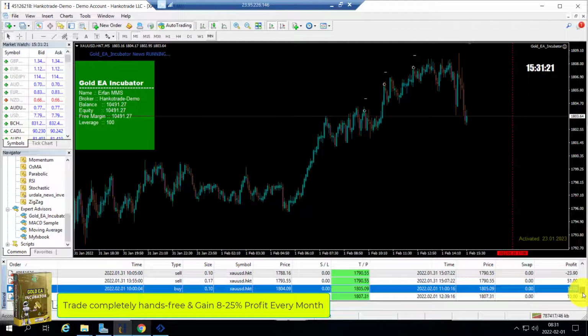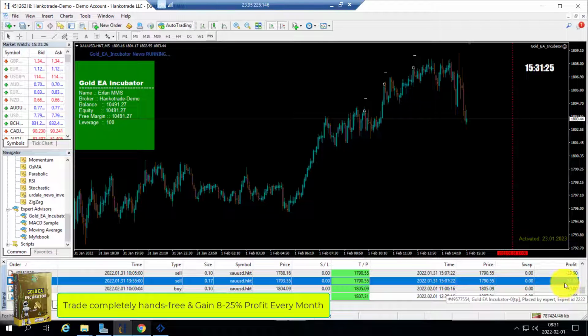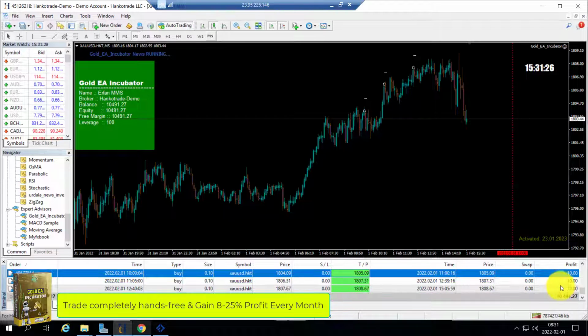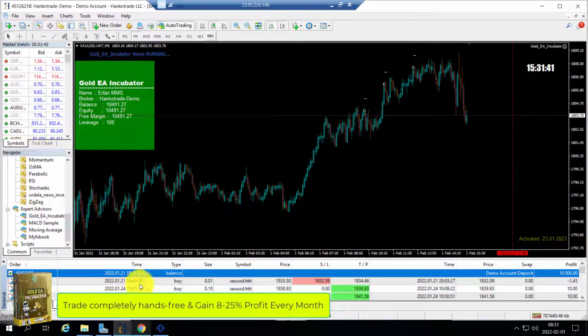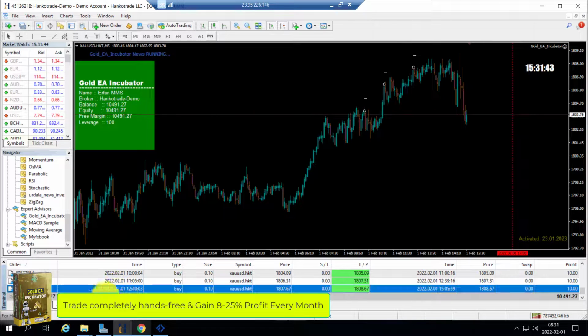Let me see. Yeah, $51. Oh, this was yesterday. 3 trades, so $30 in one day. In total, we made $491. It's 4.9% profit in less than 10 days, because we started this account on the 21st and today is the 1st, and that's why it's a very good game, guys.